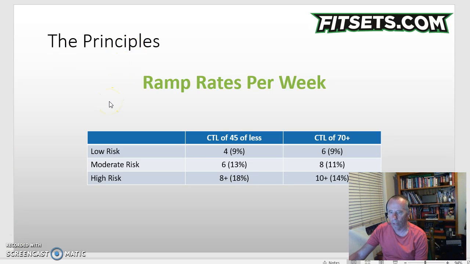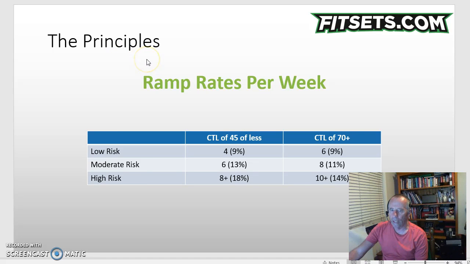So if I put a target in that I want to get to 142 CTL for my next A race, and some of the weeks turn out to be 13-14%, I might need to reconsider, cut down the CTL, therefore cut down the volume and the ramp on the way there, and look at the lower end of the scale of recommendations.